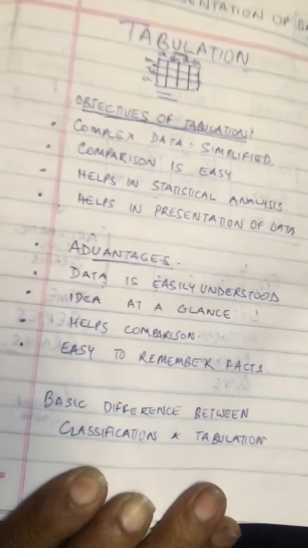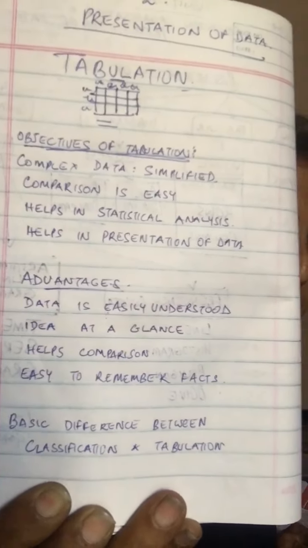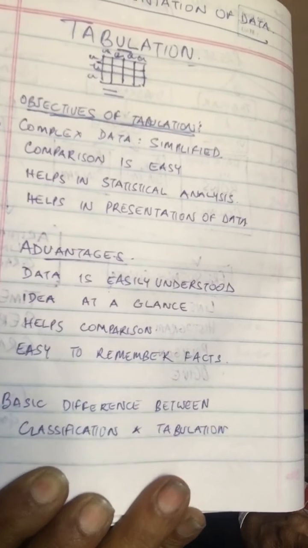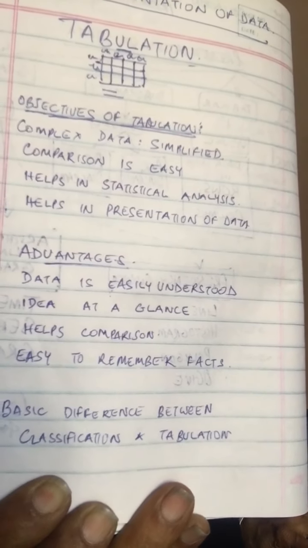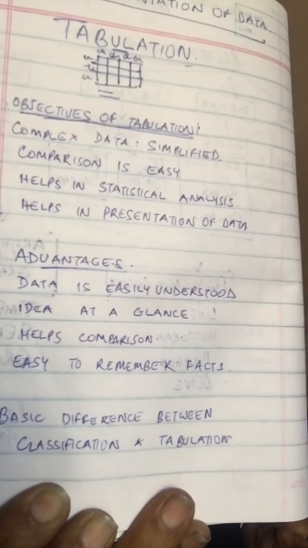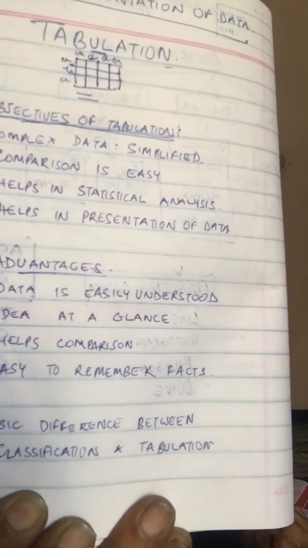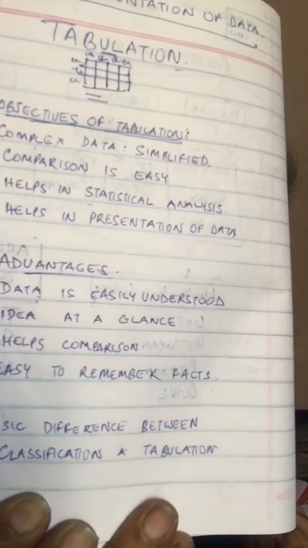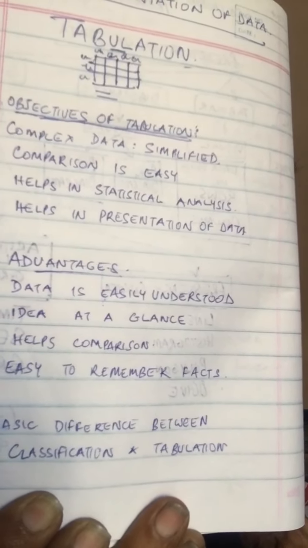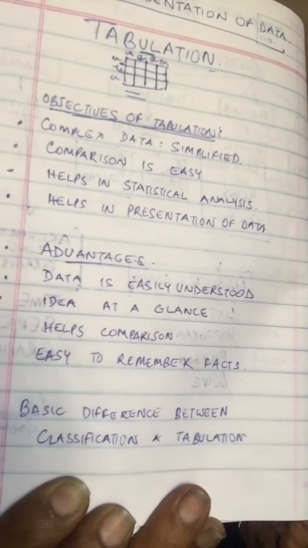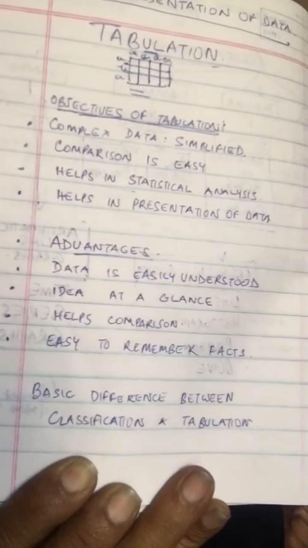After all, what are the objectives of tabulation? The main objectives of tabulation are, that is, complex data is simplified. The chief objective of classification is to simplify complex data and make them easily understandable. So the chief objective of tabulation as well as classification, as I just pointed out.